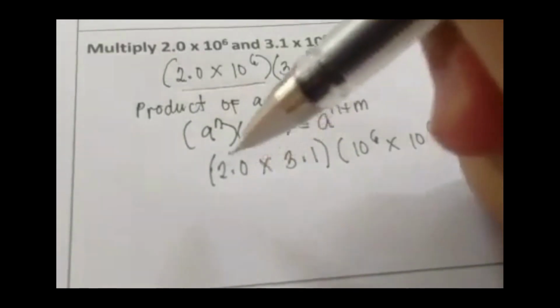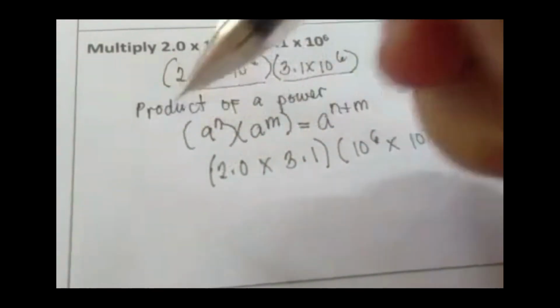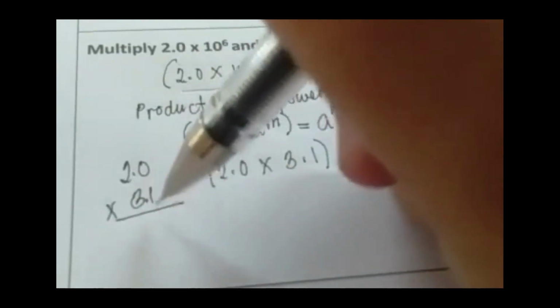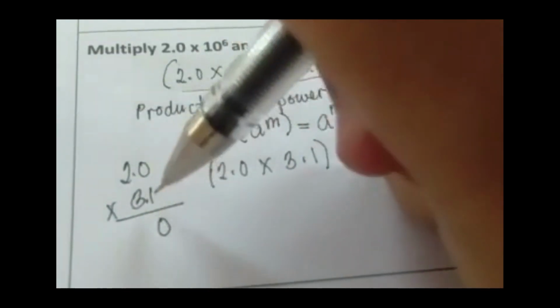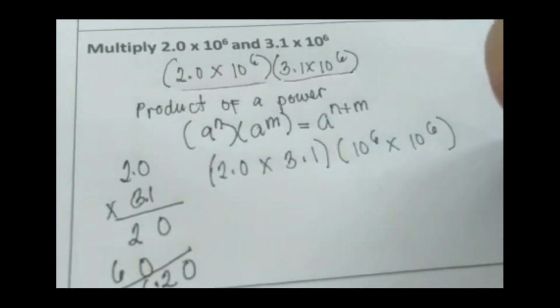So multiplying 2.0 times 3.1: 1 times 0 is 0, 1 times 2 is 2, 3 times 0 is 0, 3 times 2 is 6. So that's 0, 2, 6, 1, 2. So that's 6.20.